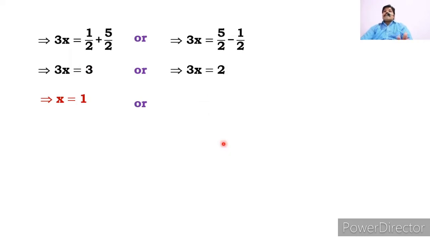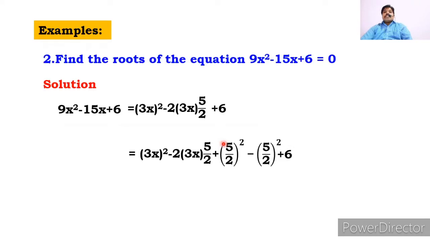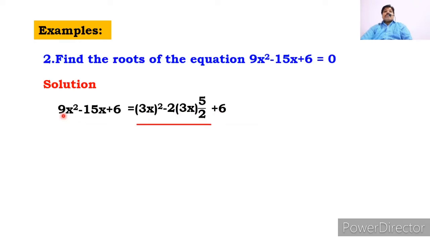So in the second method, this is the main step in this equation. See the step once again. First you have to write 9x square as (3x) whole square. For this 15x, just multiply and divide with 2 first.